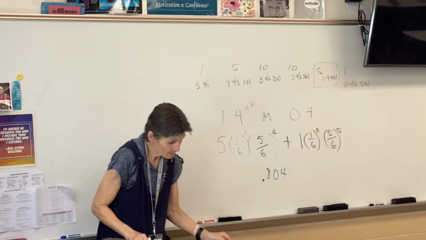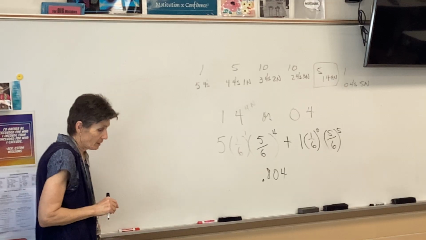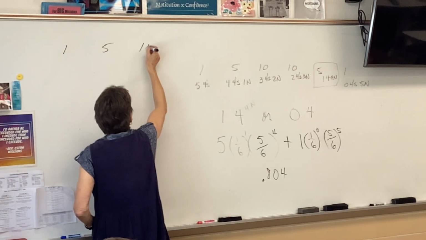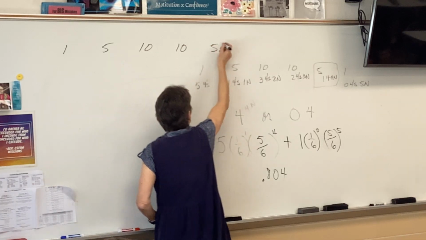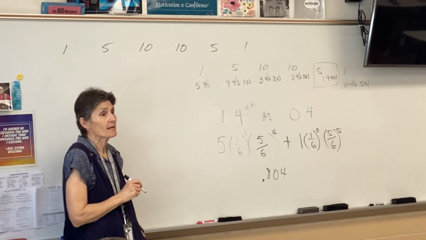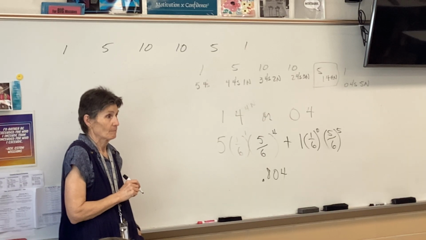Last one on this page. We're gonna roll the die 5 times, so here are my numbers again. And this time, it's all about getting a 6.